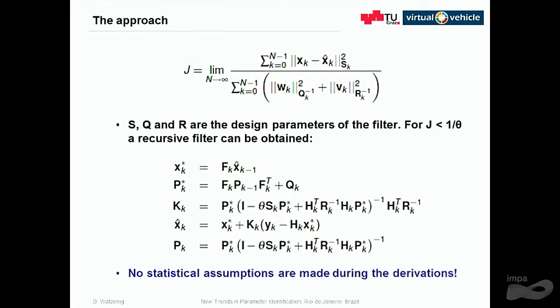I think it's not that important to go through the equations. More important maybe is to see that if you look at this set of equations, they are pretty similar to the Kalman equations. The only difference is this factor theta. And if you set theta to 0, then those equations reduce exactly to the well-known Kalman filter equations from the early 60s.